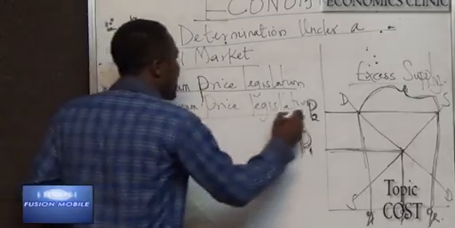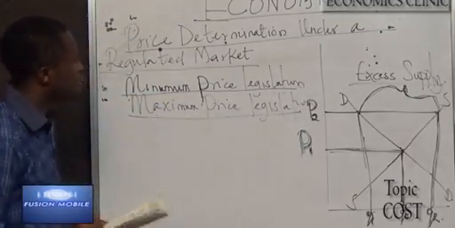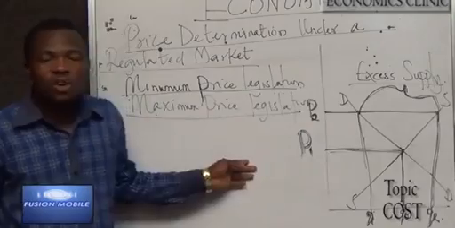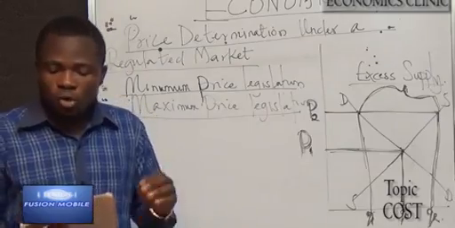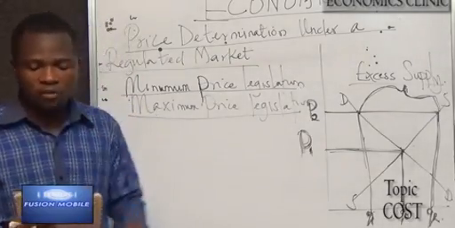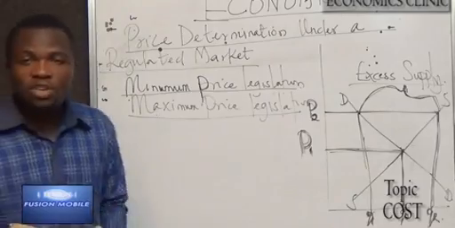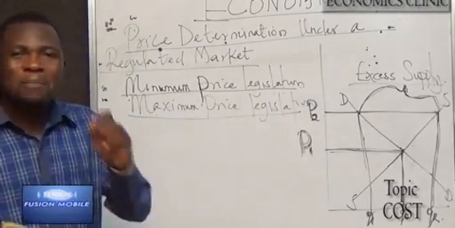Now to maximum price legislation. Maximum price legislation is the highest amount a commodity is to be sold, fixed by government. Maximum legislation could also be referred to as price ceiling.